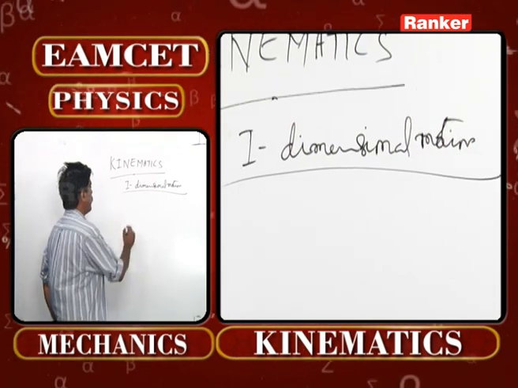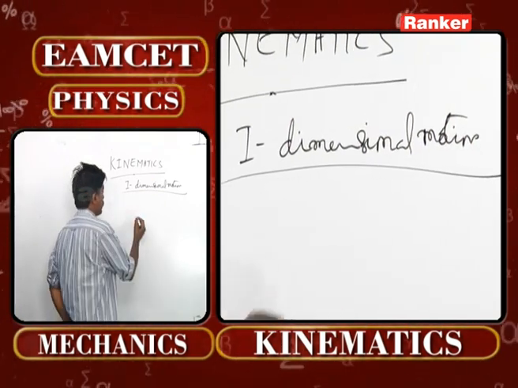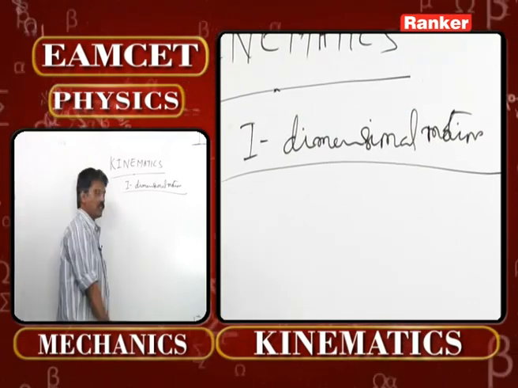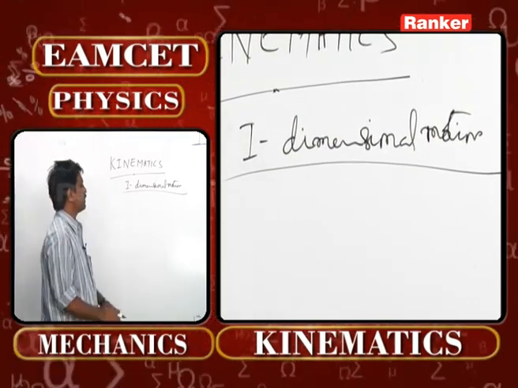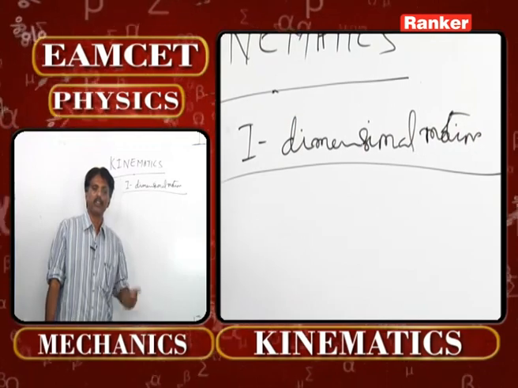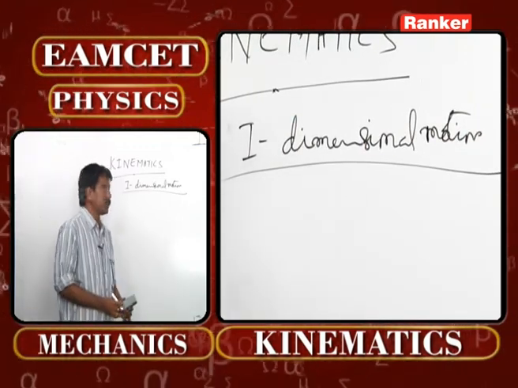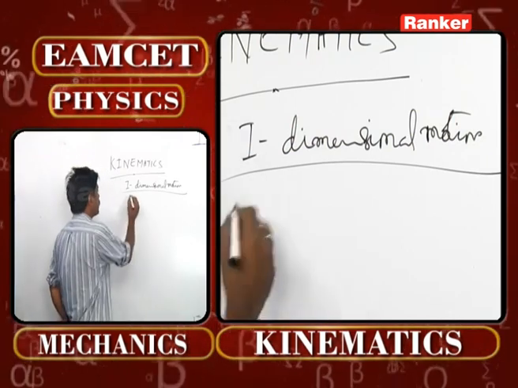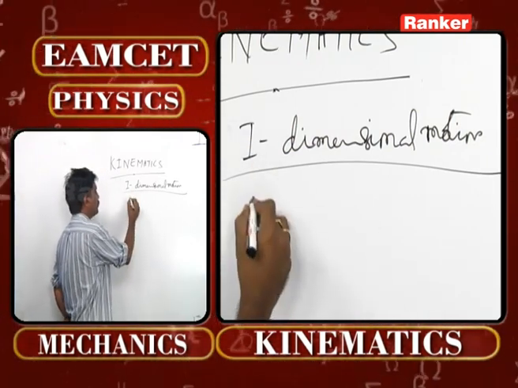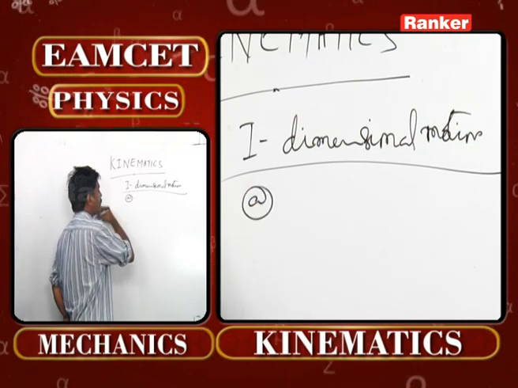Before going further, let us start with basics. You already know what is meant by distance traveled, displacement, velocity, etc. I am not going into the basic definitions of those things. In this one-dimensional motion also there are two types.